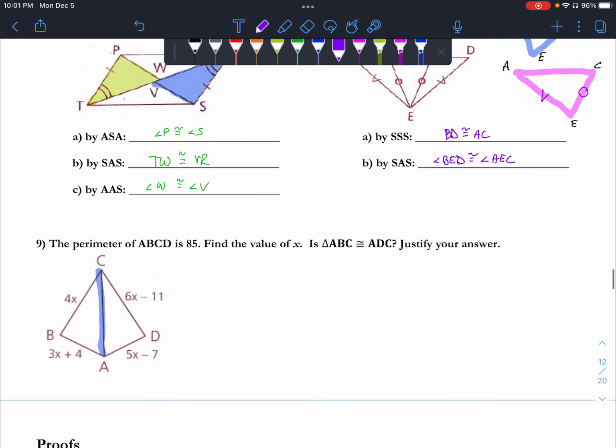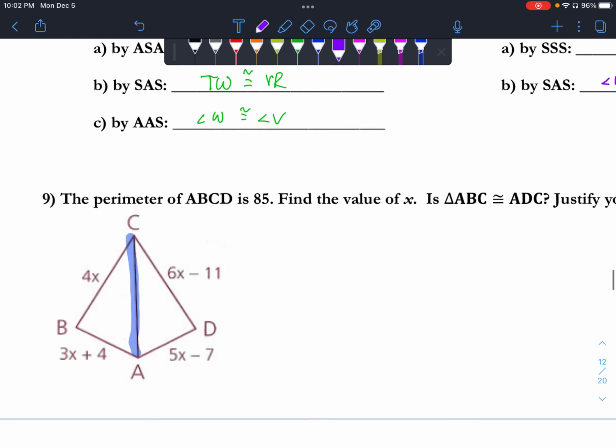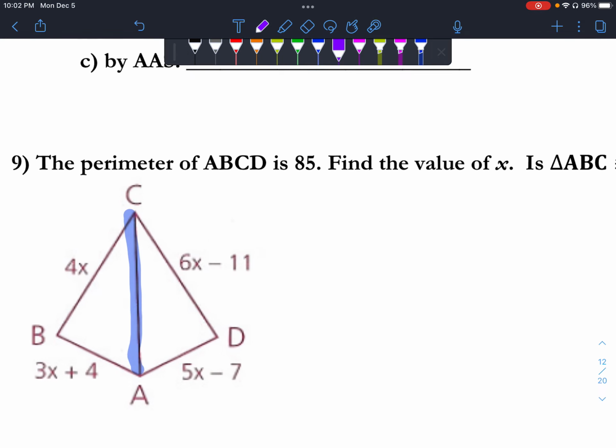There is this last one. I'll spare you a little bit of what this one is. You would just take all these numbers, so this plus this plus this plus this, and set it equal to 85 so you could find out what x was. The whole point of doing that was to figure out, could you prove that these triangles were congruent?